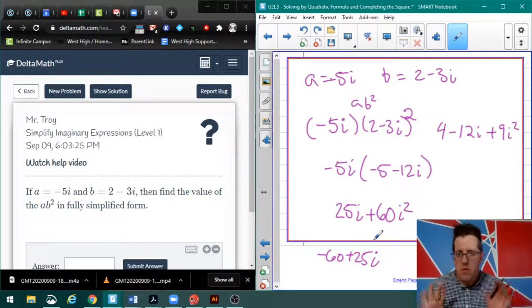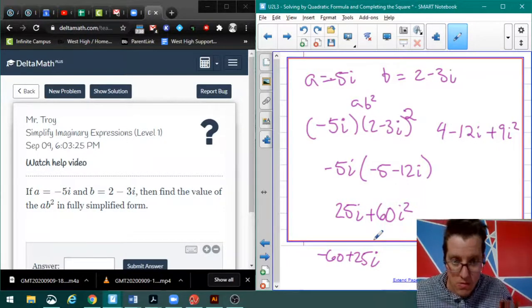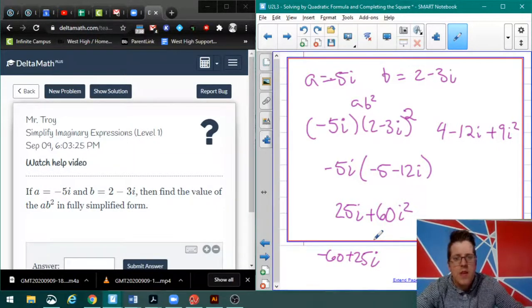Now, I'm really concerned about this because I got one wrong, so I got to make sure I did it right. Okay, so first of all, did I write down the problem correctly? Yeah, negative 5i, 2 minus 3i. A times B squared, negative 5i times (2 minus 3i) quantity squared.